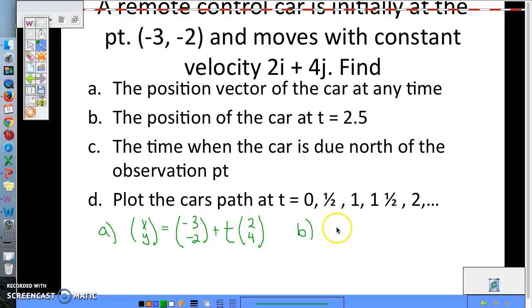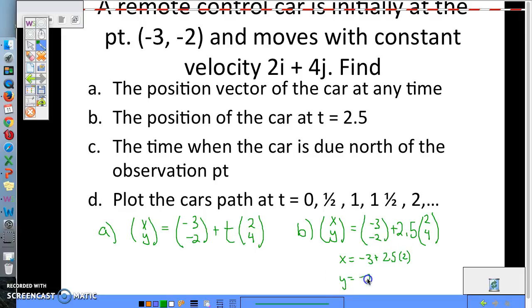Letter B asks for the position of the car at 2.5. So what is our x, y position when it starts at -3, 2, and we want to know after 2.5 seconds? Our x coordinate is -3 plus 2.5 times 2, and our y coordinate is 2 plus 2.5 times 4.